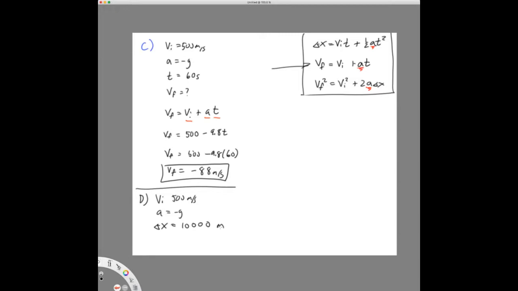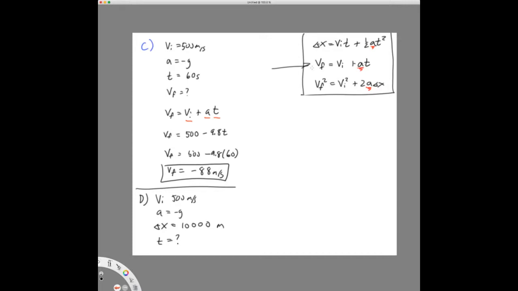Okay, so we do not know the final speed and we do not know the time. We're looking for time. It says, when does that happen? So if we look at our equations, I want an equation that has time, so that excludes equation 3, unless I want to take a really weird route.